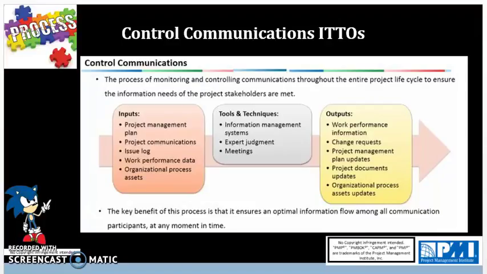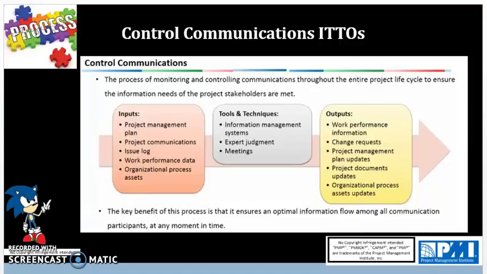Then the output from this process is work performance information. As we already discussed, the data coming in as an input is analyzed in context to give us information about how we are doing in terms of communication. And it usually consists of new or revised cost estimates, activity sequences, schedule dates, resource requirements, and analysis of risk response alternatives.